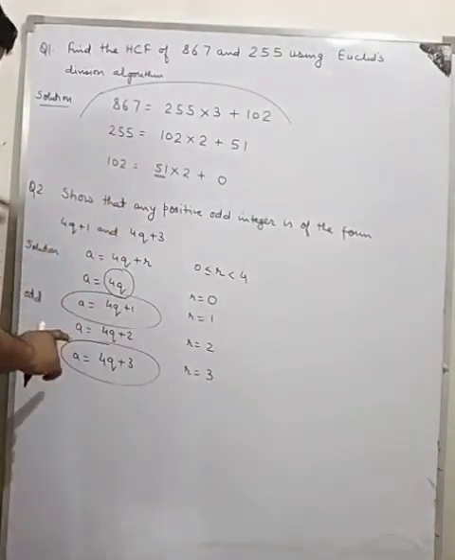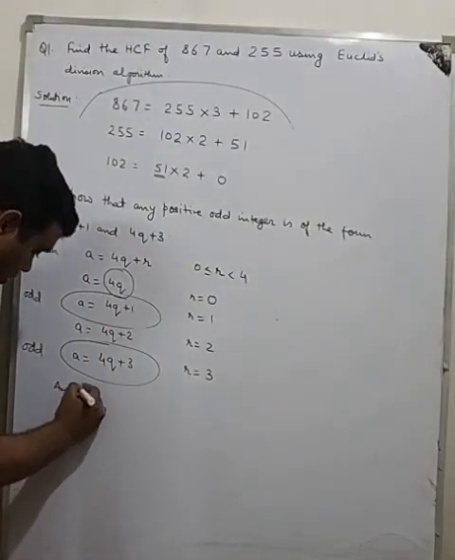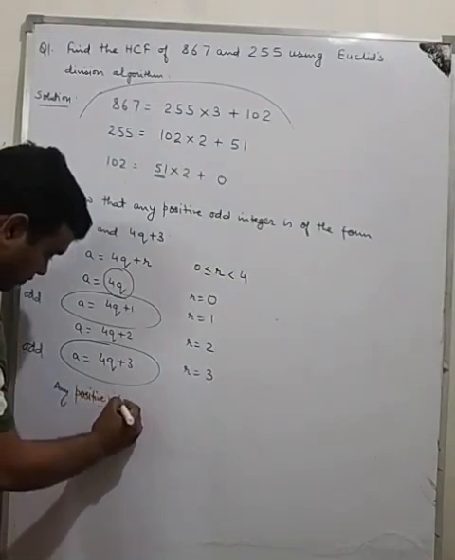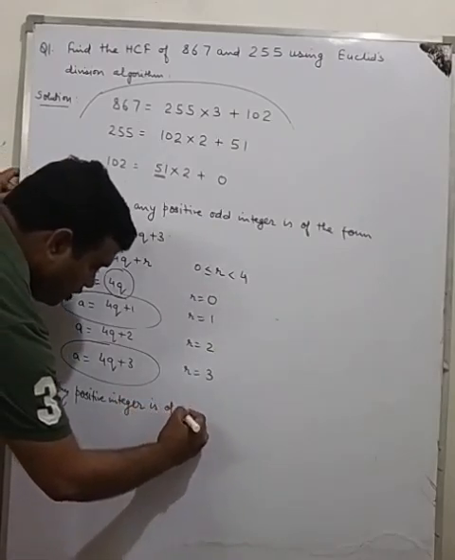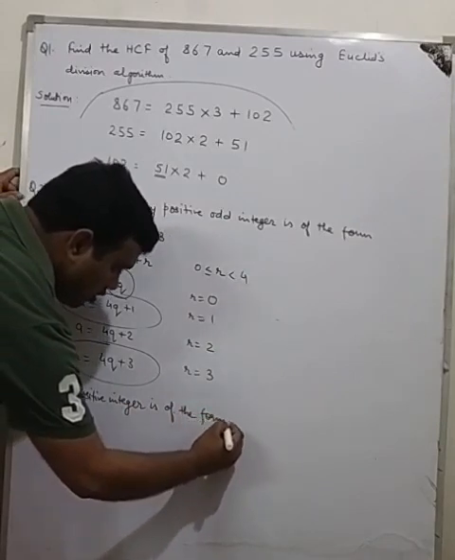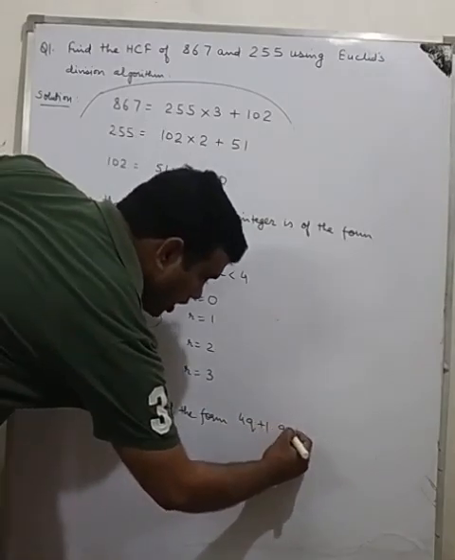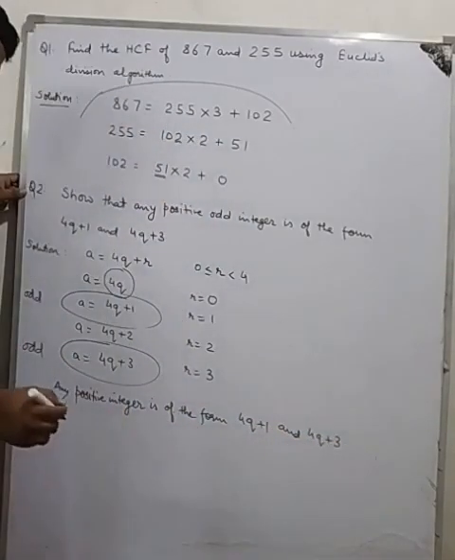In this manner, we can show any positive integer is of the form 4q plus 1 or 4q plus 3.